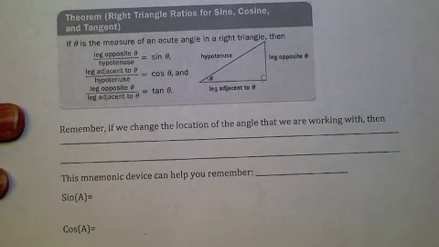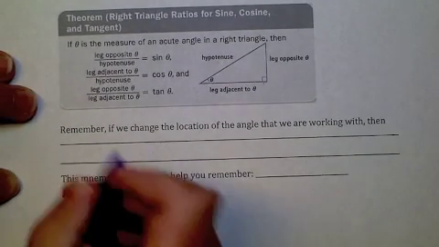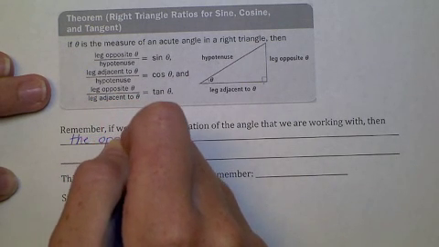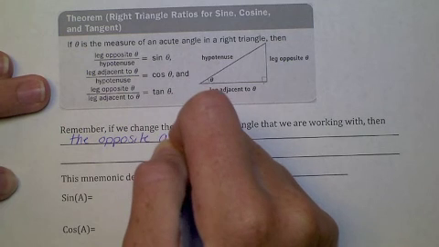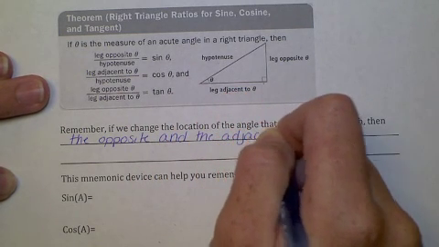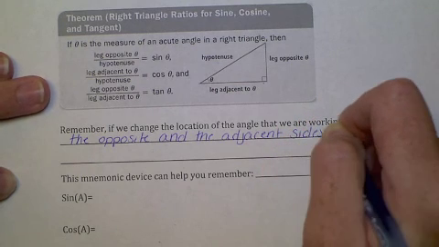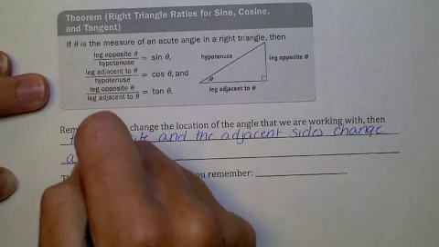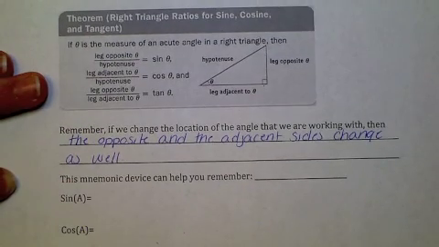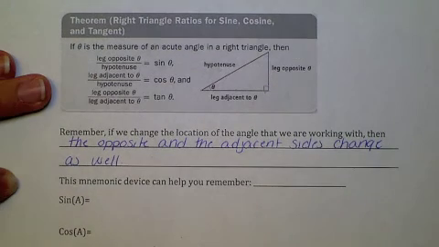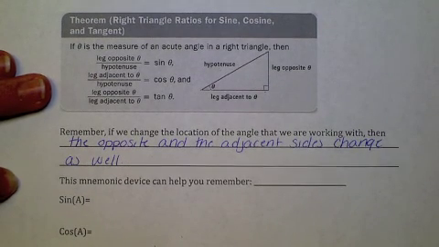Remember, if we change the location of the angle we are working with, then the opposite and the adjacent sides change as well. How you label that triangle really depends on the angle that you're using.